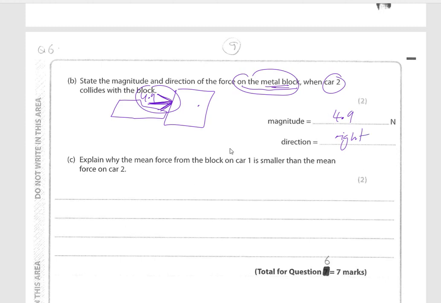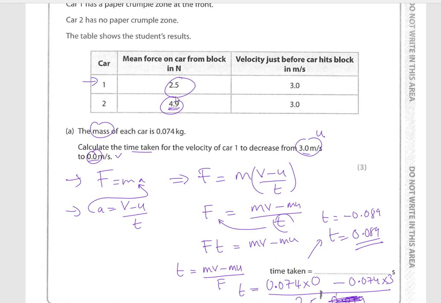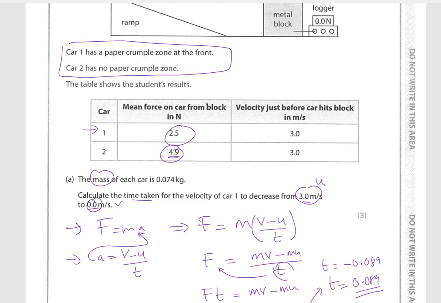Okay, good. Now explain why the mean force from car 1 is smaller than the mean force from car 2. Now we know that car 2 is 4.9 and the first car is 2.5. Now we need to know why. This is the information we have. Car 1 has a paper crumple zone, and car 2 has no crumple zone.